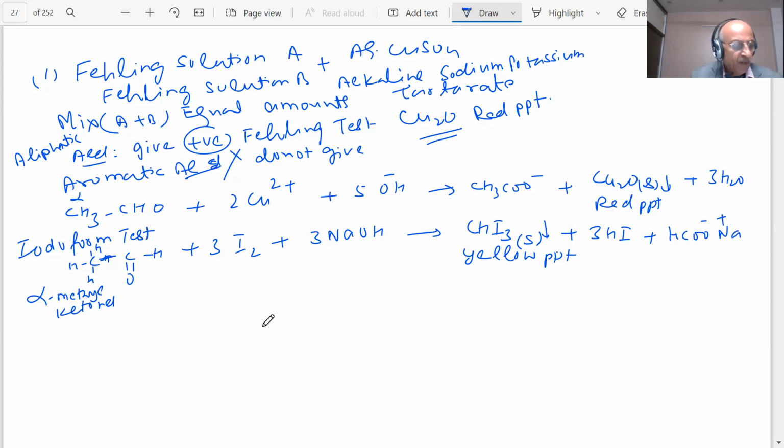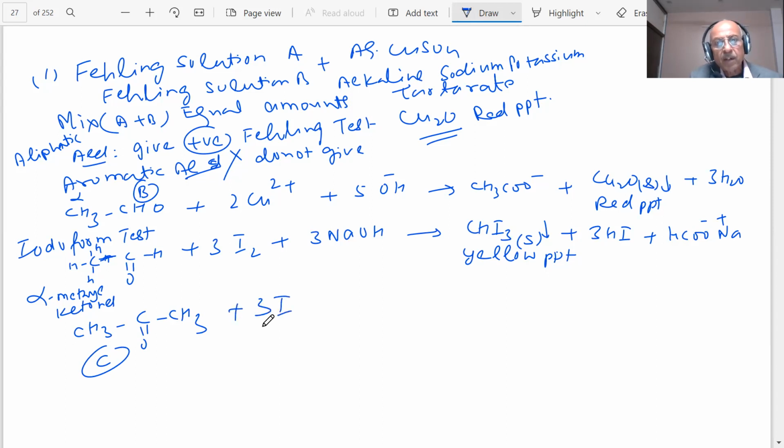Now, similarly, CH3COCH3. One of these, you already know, does not give the Fehling solution test. This is my C, and this is my B. The C will not give the Fehling solution test, but it will give the iodoform test because it is an alpha methyl ketone.